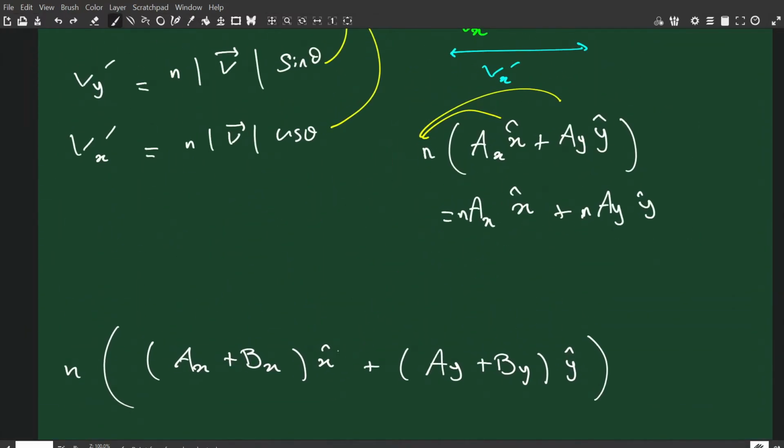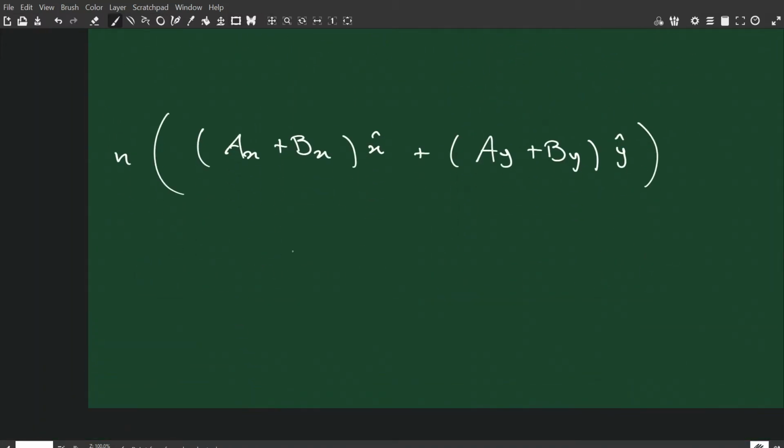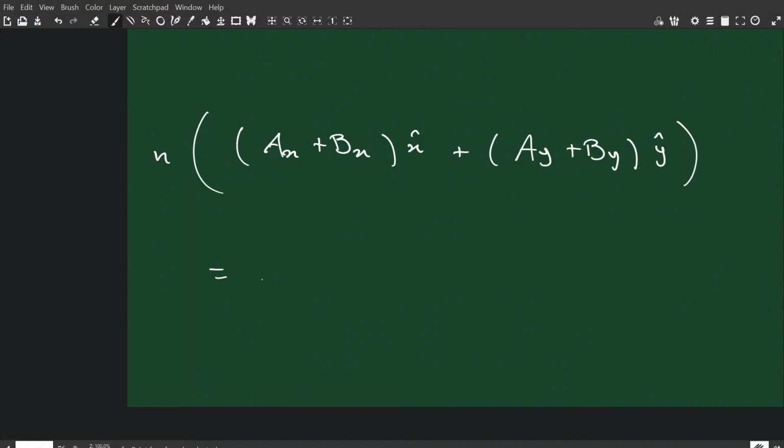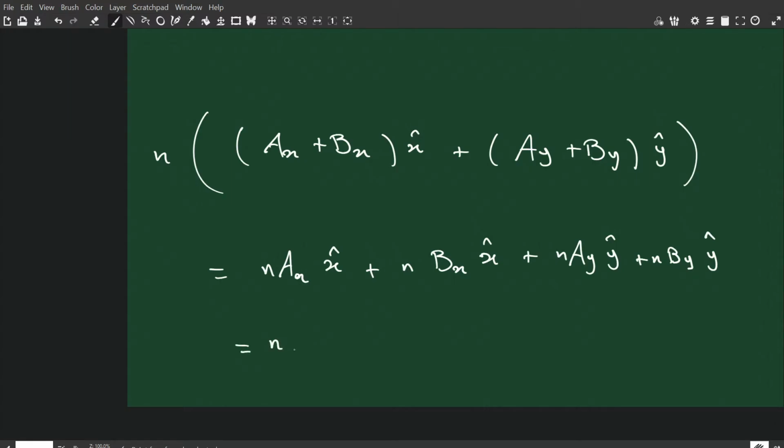If we use it, we have n times ax x hat plus n times bx x hat plus n times ay y hat plus n times by y hat, and it's equal to na plus nb.